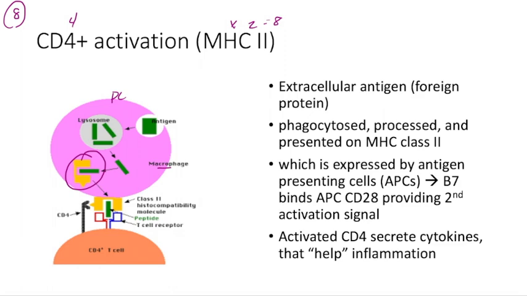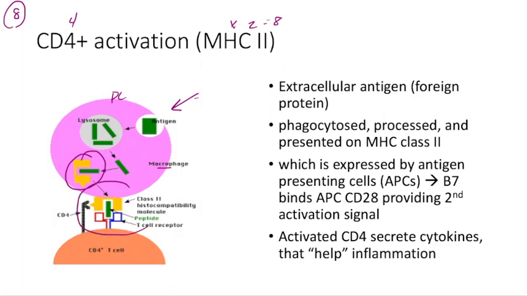This T cell was already having that clonal diversity from fetal and primary lymphoid, already able to recognize it. It presents it on the macrophage, and then it basically links up. So class 2 is related to an extracellular antigen, phagocytosed, processed, and then presented as MHC class 2 histocompatibility molecule.